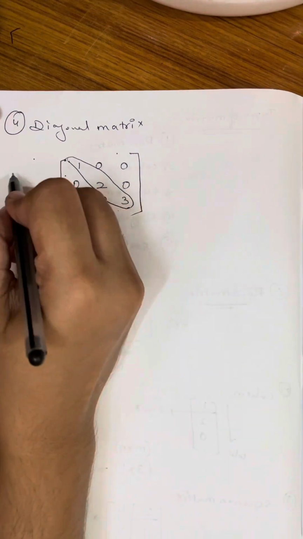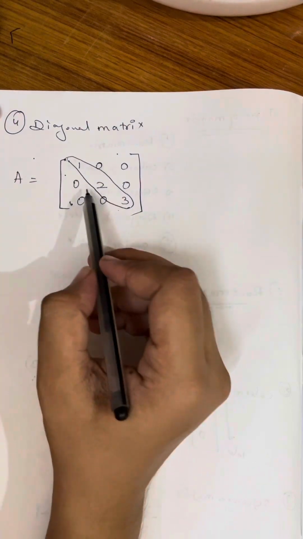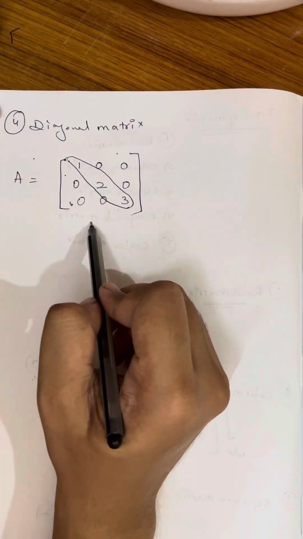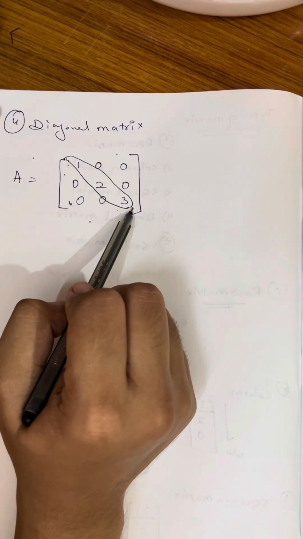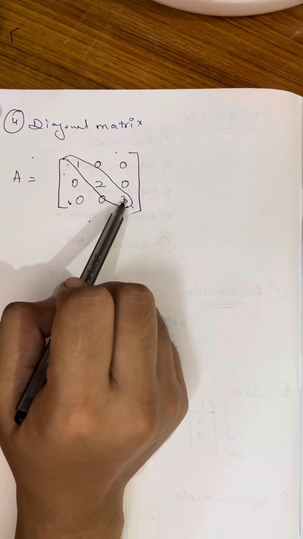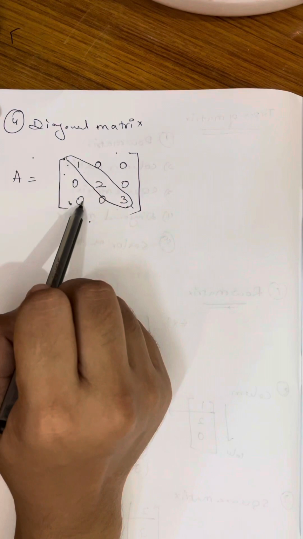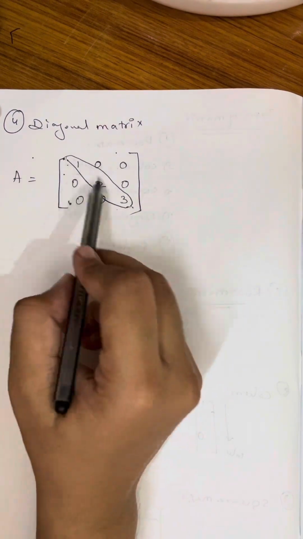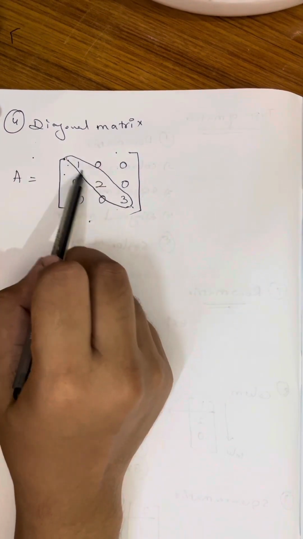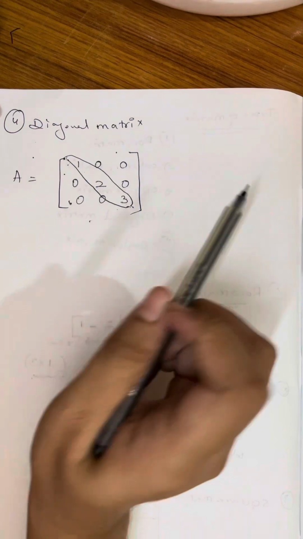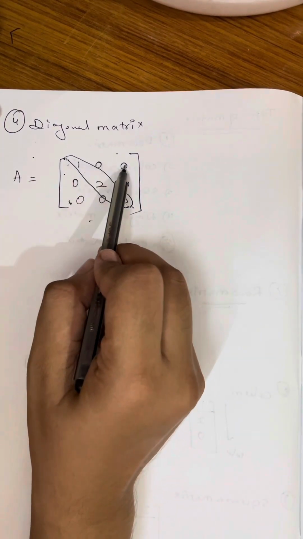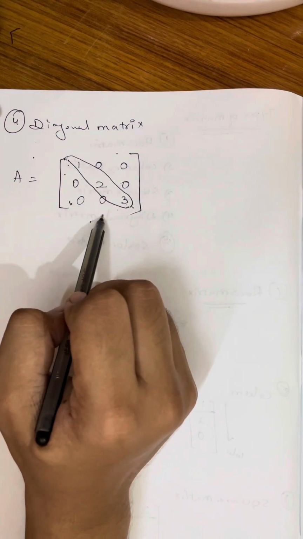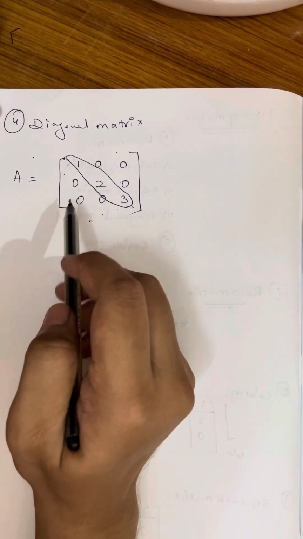Let's consider this matrix as A. A is said to be a diagonal matrix if its non-diagonal entries are zeros. You can tell a diagonal matrix either by the diagonal having different numbers, or remember it as the non-diagonal entries being 0. There are 2 ways to understand.